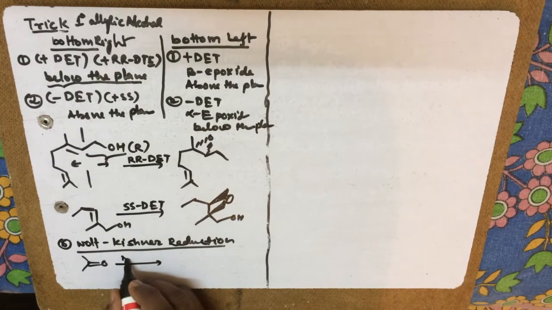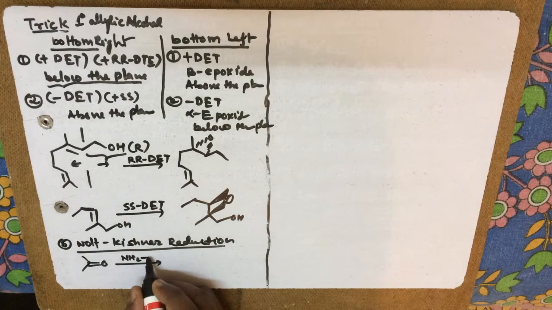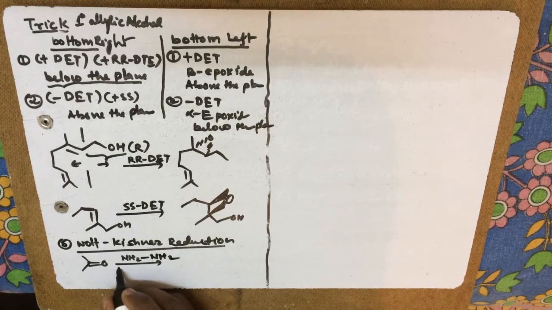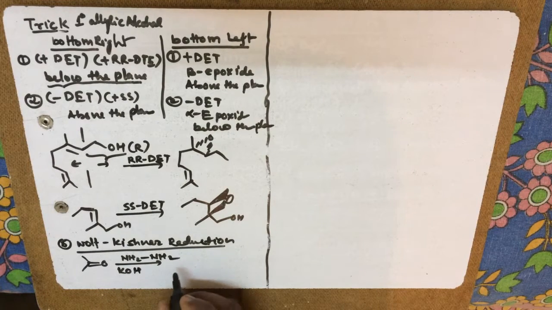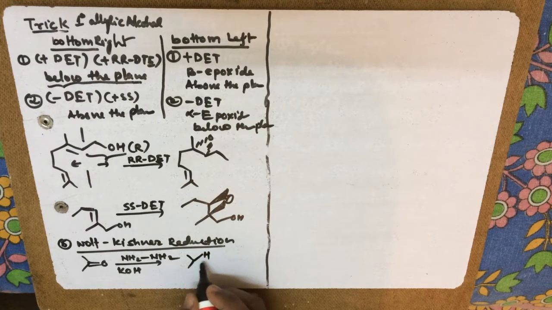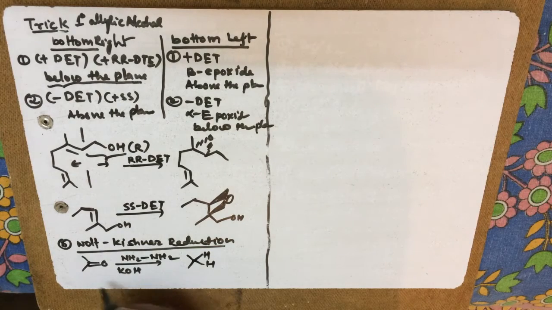You can first see, because the video is going very lengthy, so I am trying to tell you in a fast way. So basically hydrogen will attach to this carbon after removing this oxygen.